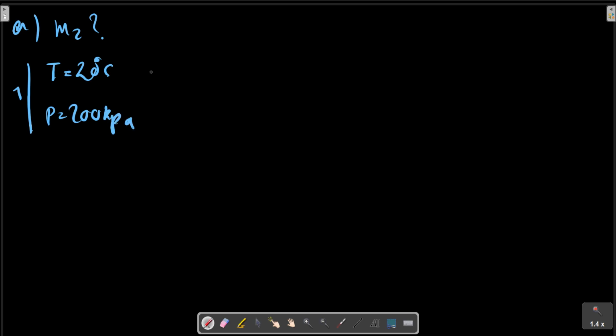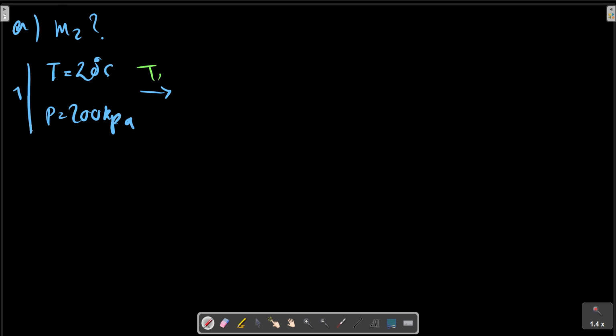So at first, we should calculate what is m2. For the initial first state, temperature is 20 degrees centigrade, pressure 200 kilopascal. For the state 1, we should check with the ammonia tables first.